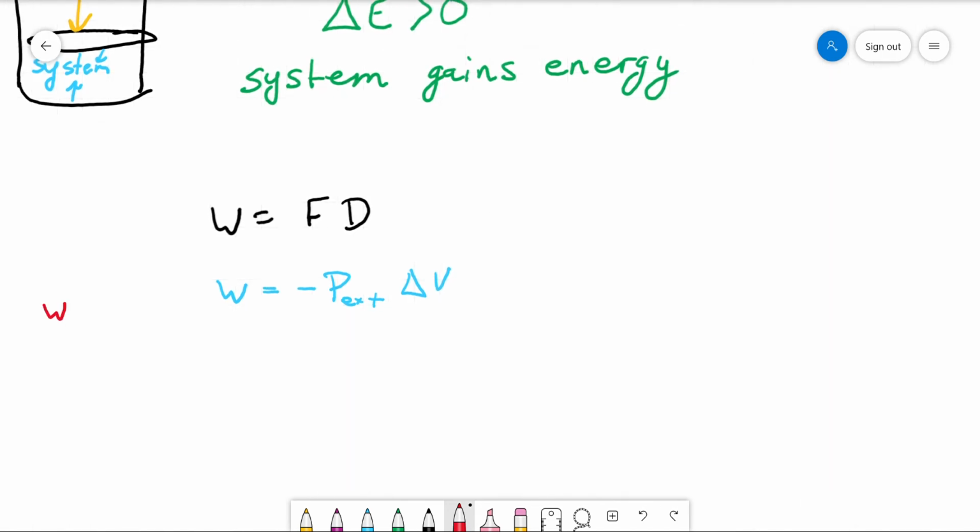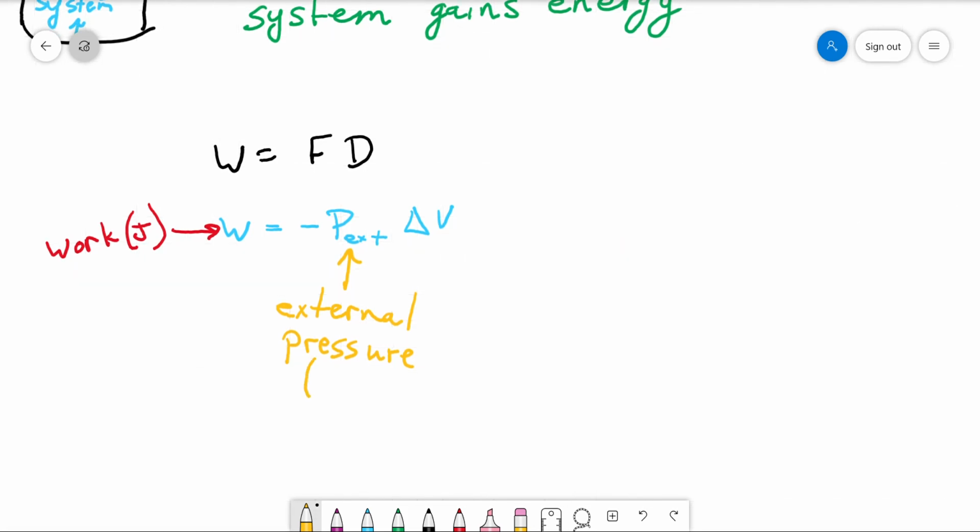W is work. Work is measured in joules. P ext is, I'm sorry, let's write it this way, external pressure, because the system will have to expand or contract against that external pressure, and that is measured in atmospheres, ATM. Okay, we'll talk about that a little bit later when I talk about gas laws.